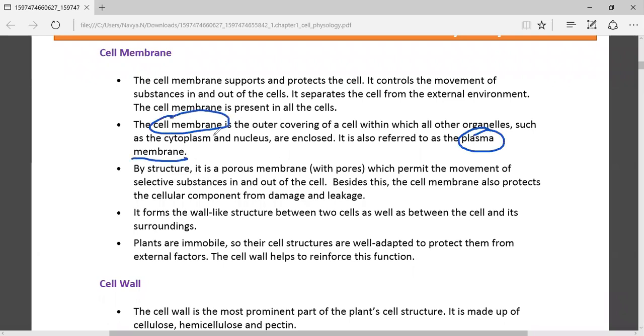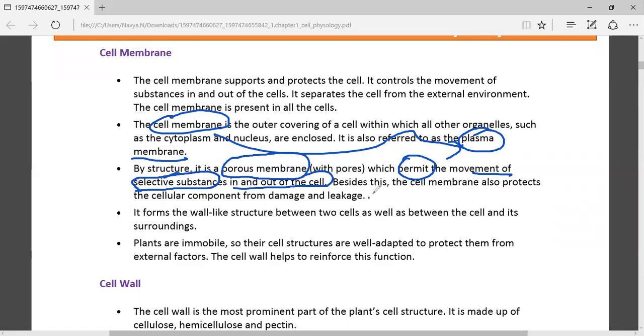By structure, it is a porous membrane, which allows the movement of selective substances in and out of the cells.